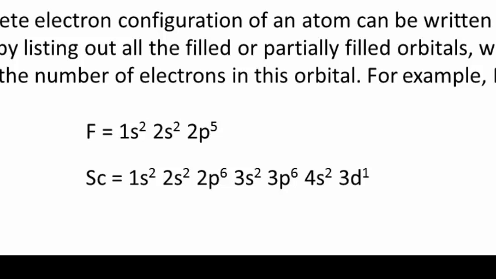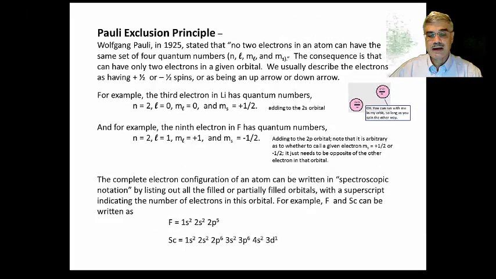And then we would say it's 3s2, 3p6, filling row 3, 4s2, 3d1. In the next slide, we'll talk a little bit more about scandium, and we'll see why it filled in that order. But this gives examples of the way we write things out in spectroscopic notation.